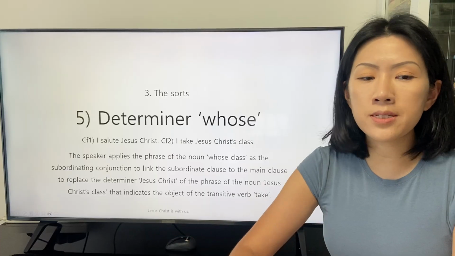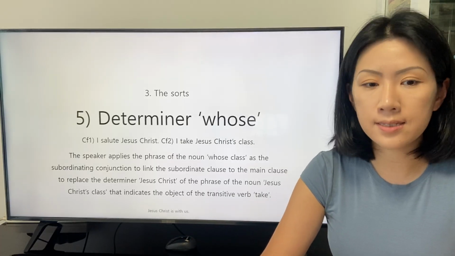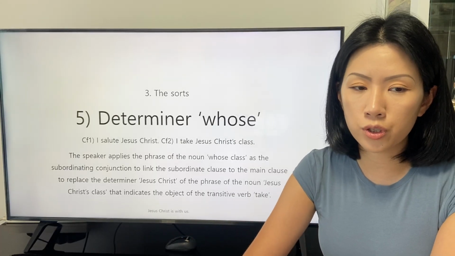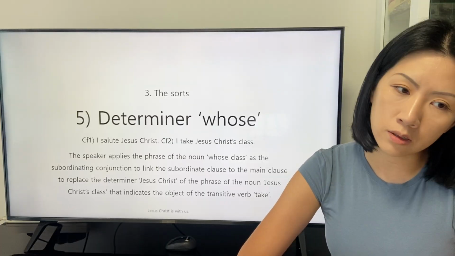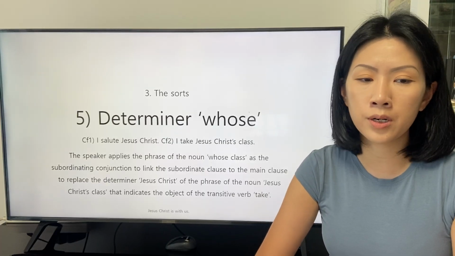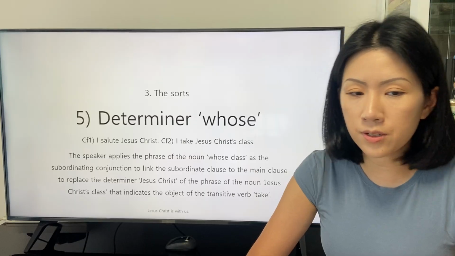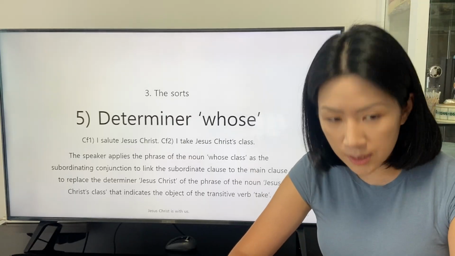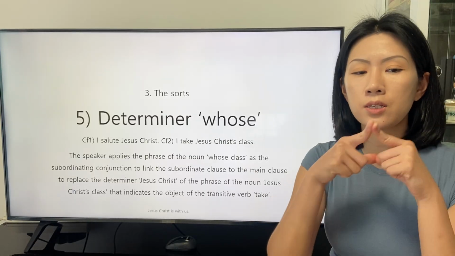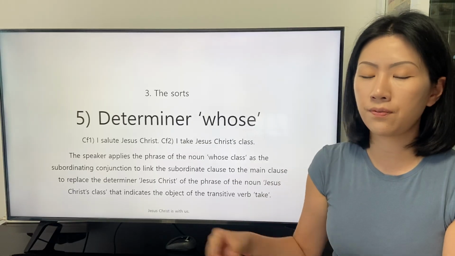The speaker applies the phrase of the noun whose class as the subordinating conjunction to link the subordinate clause to the main clause, to replace the determiner Jesus Christ of the phrase of the noun Jesus Christ's class that indicates the object of the transitive verb take.